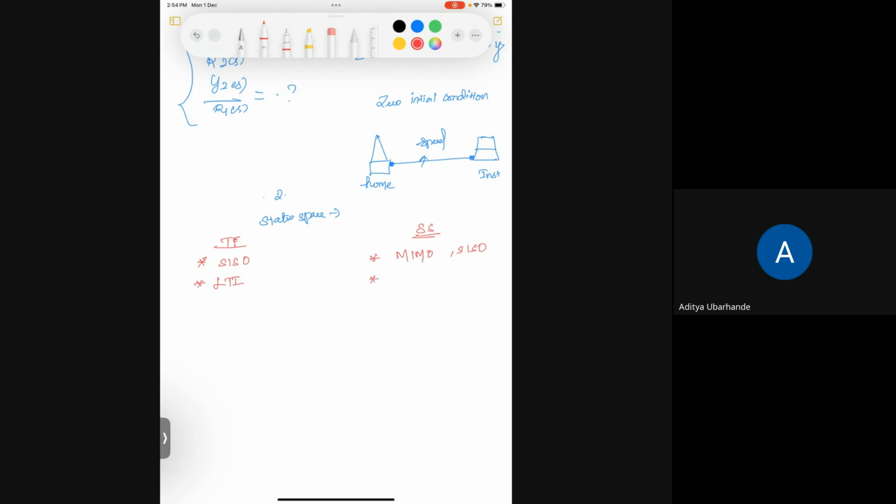It can also be used for LTI and LTV systems, linear time invariant and linear time variant systems. Transfer function assumes zero initial conditions, while there are no assumptions on the initial conditions in state space. These are all the overall things you need to know about this when compared to the transfer function.